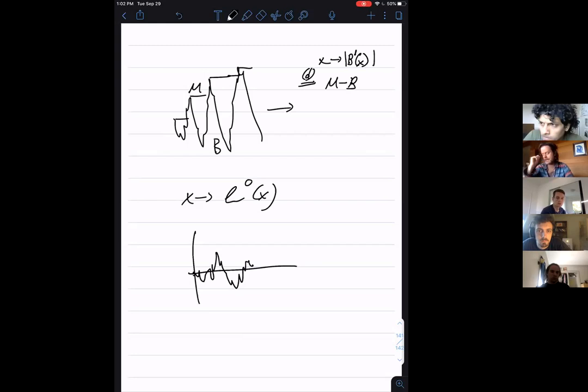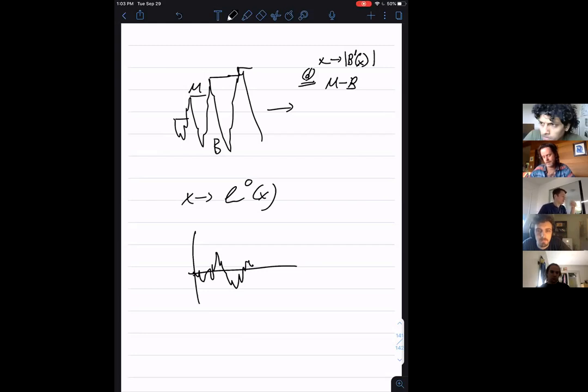If it's labeled B prime, then its absolute value... So explicitly, I draw this picture, then I draw things relative to the maximum, i.e. I sketch M minus B, and that's necessarily positive.